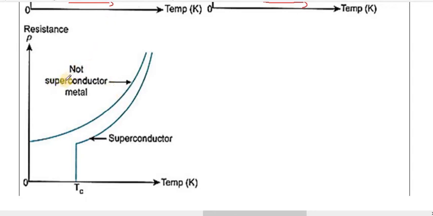And then after that we have superconductor metal. We want to compare the normal conductor and the superconductor. A material will only become a superconductor when the temperature reaches a certain critical temperature.